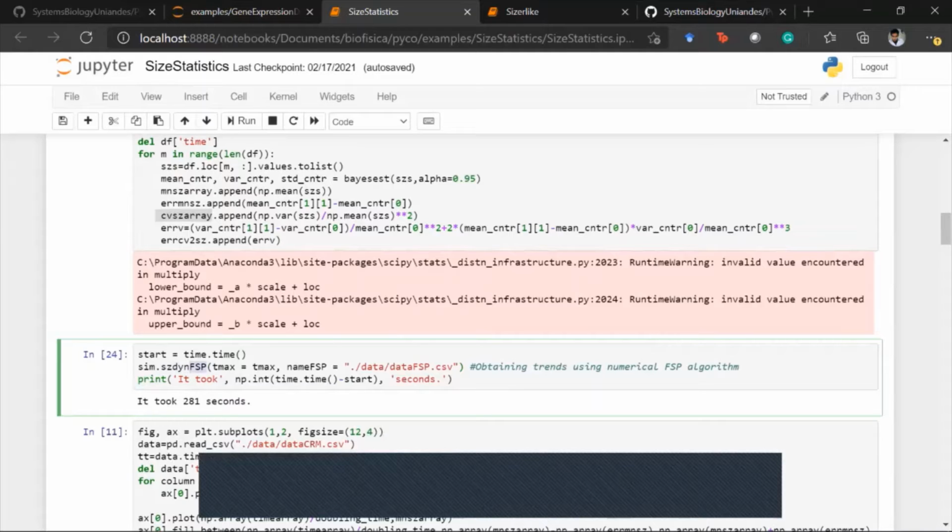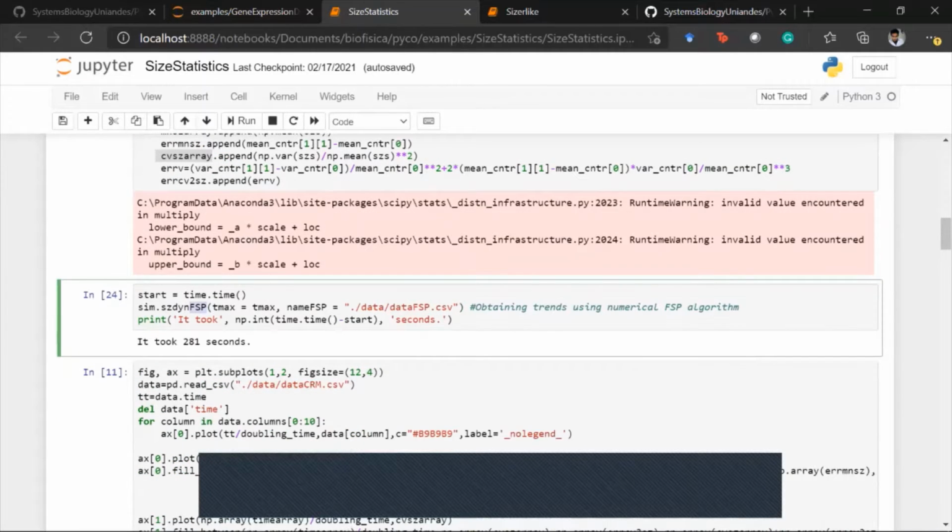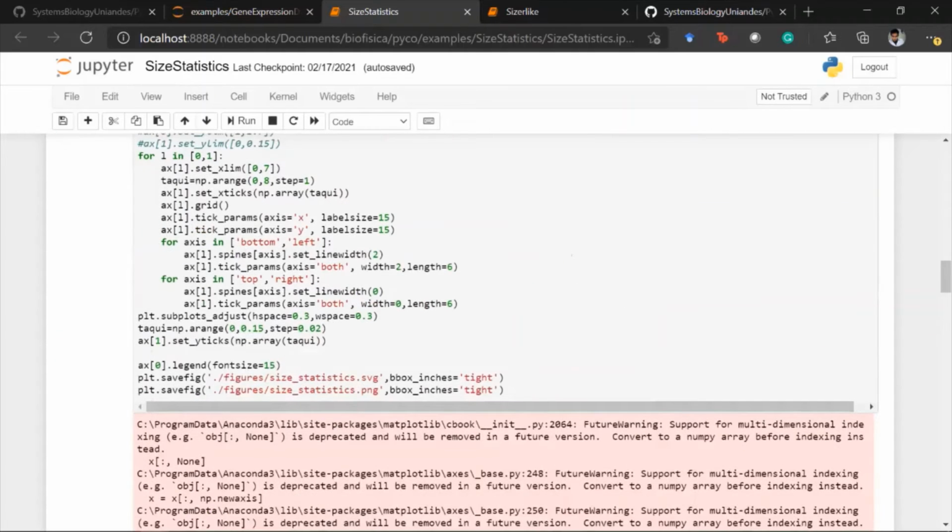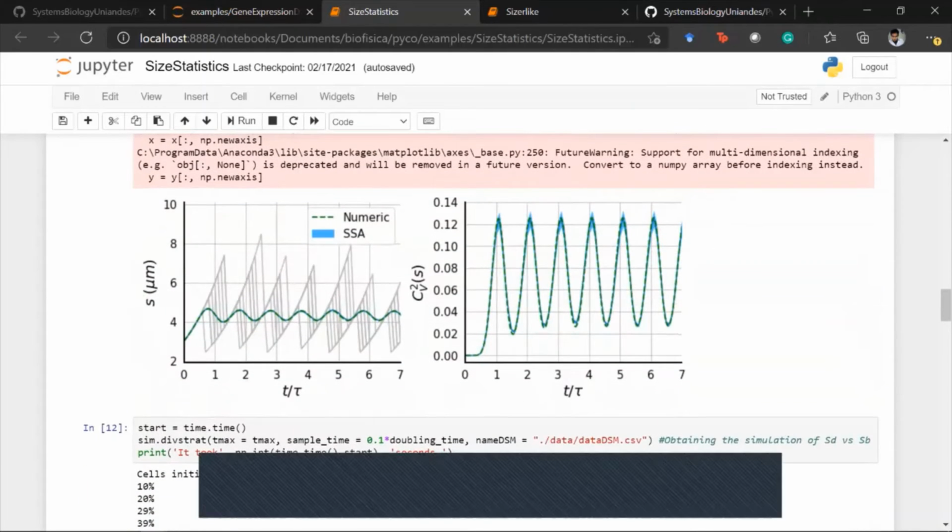The FSP comes from finite state projection, which is the numerical method that we use to calculate this trend line. And when you compare the results of the simulation and the numeric iterator, you see that both the size and the CV square are very similar, and actually they match perfectly.